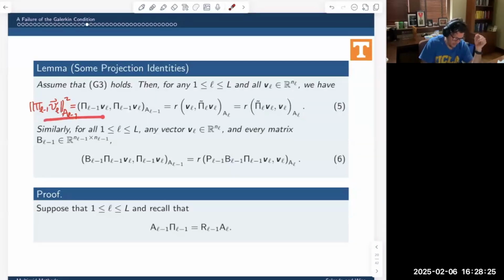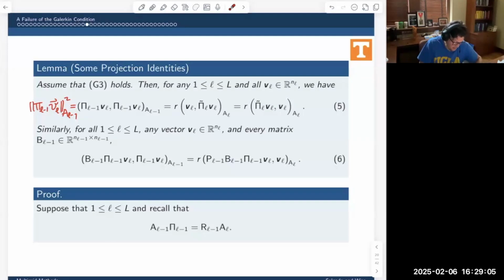So we're going to show this. Similarly, for all l between 1 and capital L, any vector v_l in R^{n_l}, and every matrix B_{l-1} that we want to cook up from this set of matrices, we can show that this identity is true. What are we doing here? On this side we have B_{l-1} pi_{l-1} v_l, and here we have pi_{l-1}.